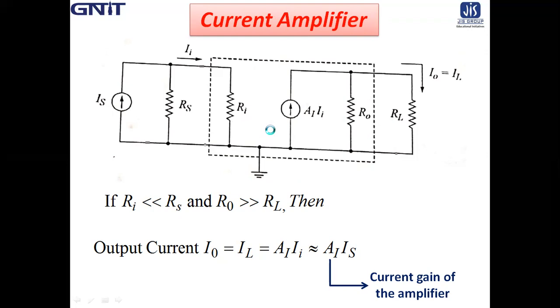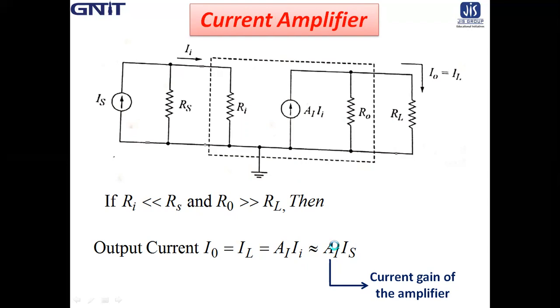Now, if Ri is much less than Rs and R0 is much higher than RL, then the amplifier becomes a current amplifier with output current I0 equal to IL equal to AI into II, where II is almost the same as IS.